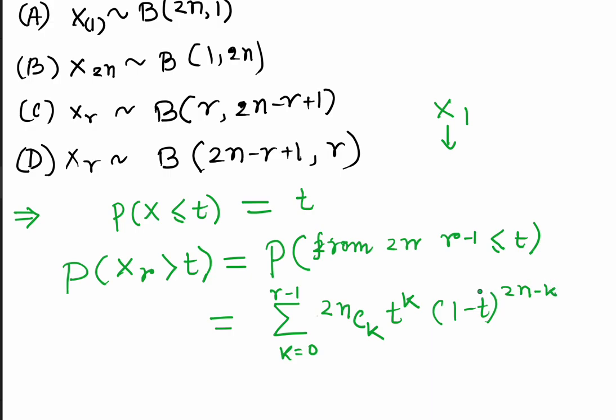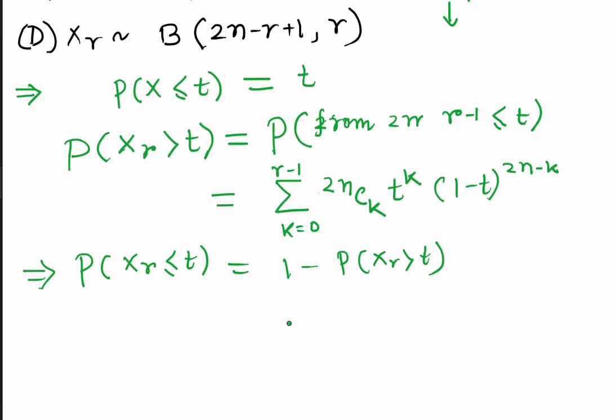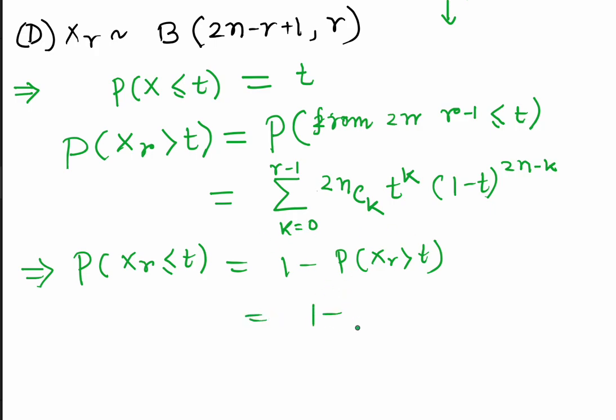So that's it. Now if the xr distribution is like that, what will be the cumulative distribution of xr? The probability xr less than or equal to t is 1 minus the probability xr greater than t, and that is 1 minus this function.